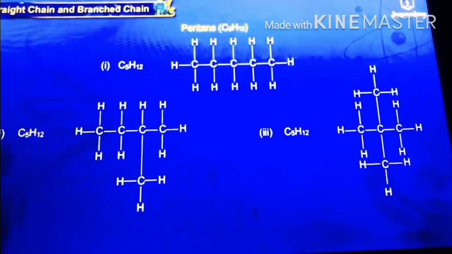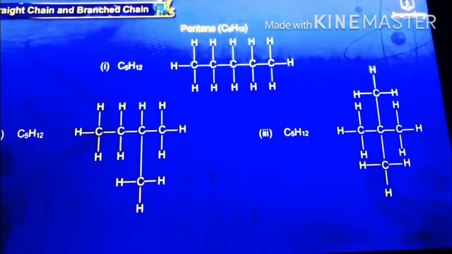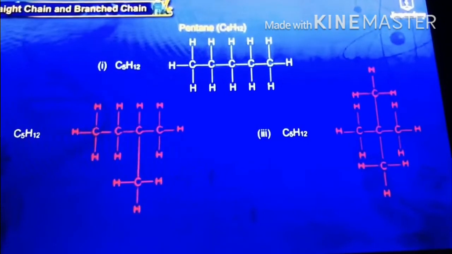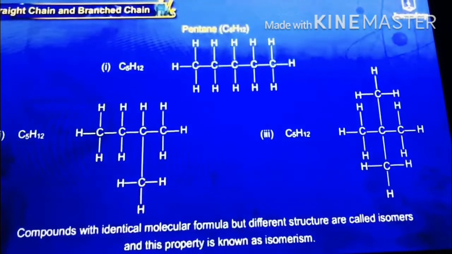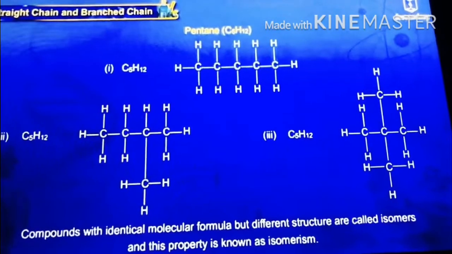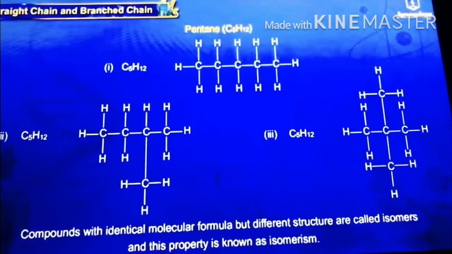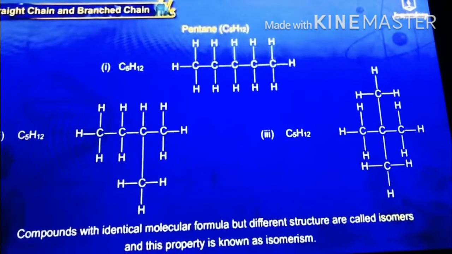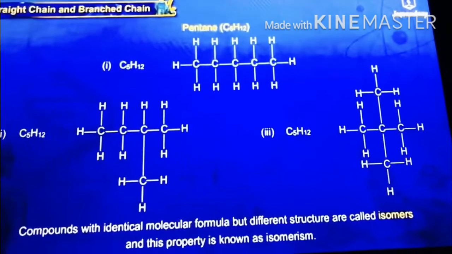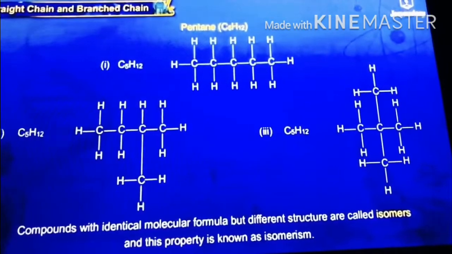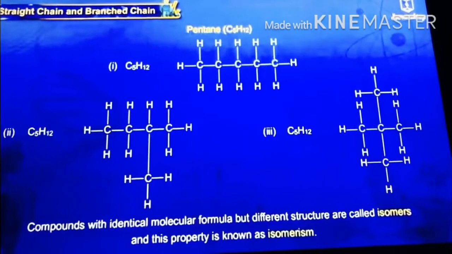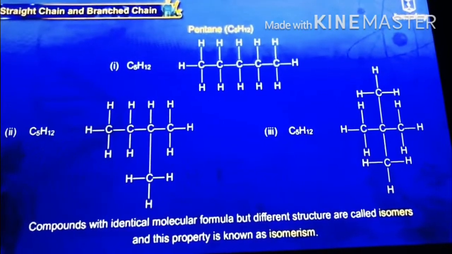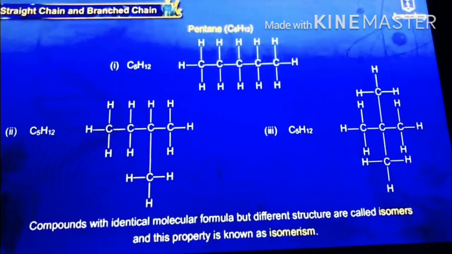These compounds can also have branch chain. Compounds with identical molecular formula but different structure are called isomers, and this property is known as isomerism. Thus, these three structures are isomers.